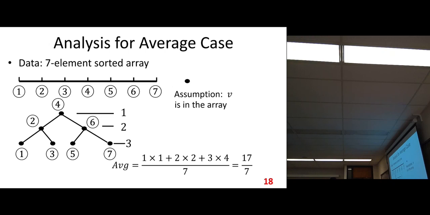When you have an even number of elements, you use the left median, every time. Can you draw the binary tree? After you draw it, can you calculate the weighted average? You count how many cases need 1 comparison, how many need 2 comparisons, and so on. Then you take the average.